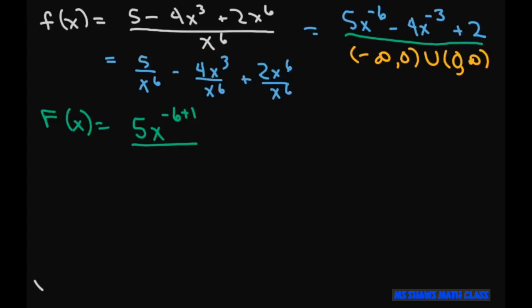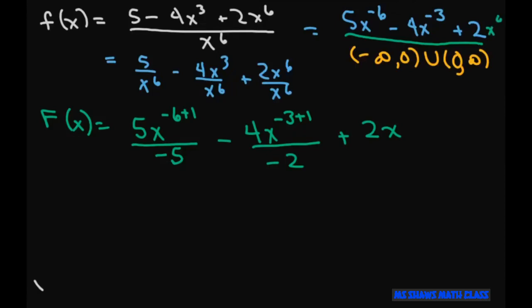So negative 6 plus 1 is negative 5. All right? And then put your minus 4x to negative 3 plus 1 and divide by that. And that's negative 2. And then you have your plus 2 and you just put the x there. So that's like x to the 0.